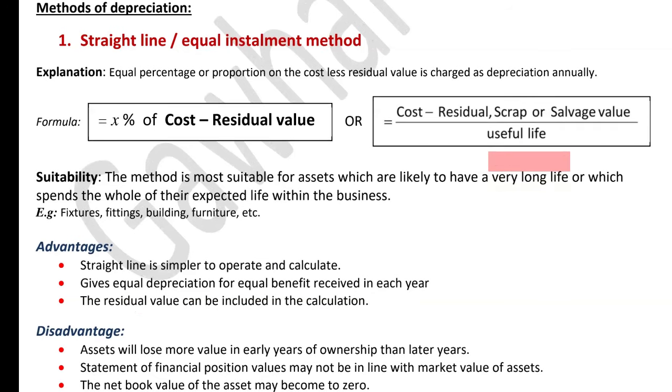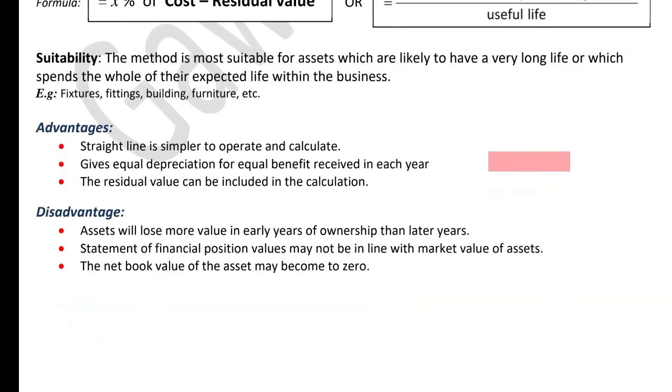Let's go for the limitations or disadvantages of the straight line method. The first one, assets will lose more value in earlier years of ownership than later years, which is a very practical thing.